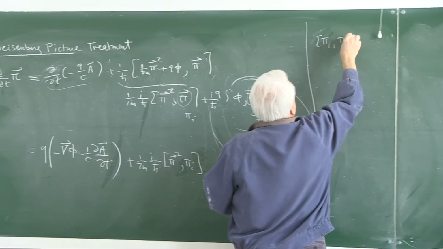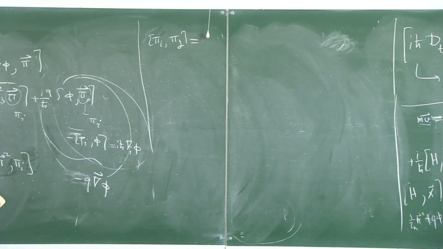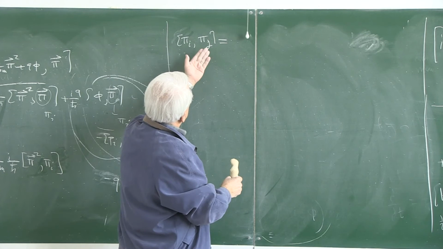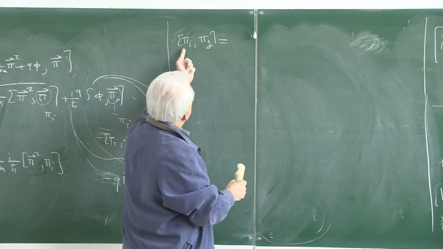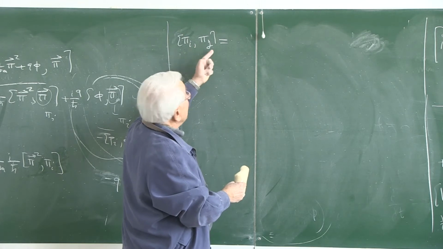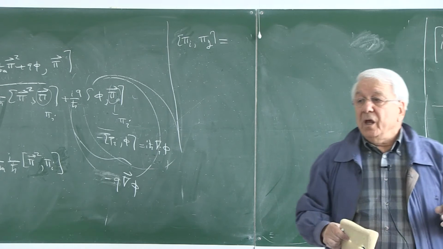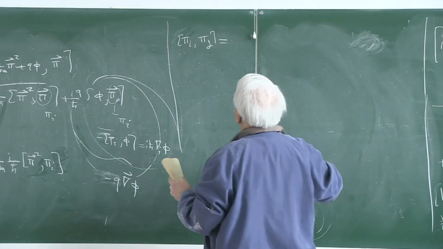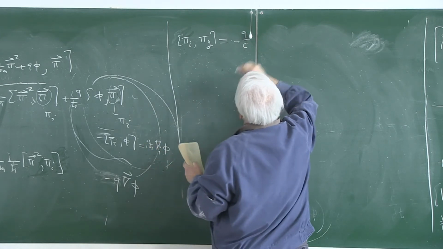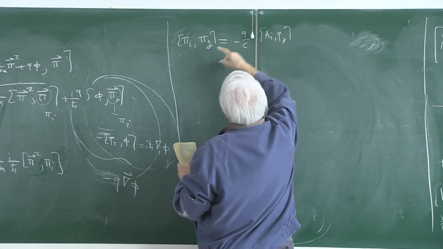What is this? First of all, let me compute this primitive, and then I will use it to compute pi squared and pi_i. It is p minus something, p minus something; p and p commute, A and A commute. So first with first, second with second terms commute, and it's only the cross terms which give you any contribution, right? Minus q over c, [A_i, p_j] is the first cross term.